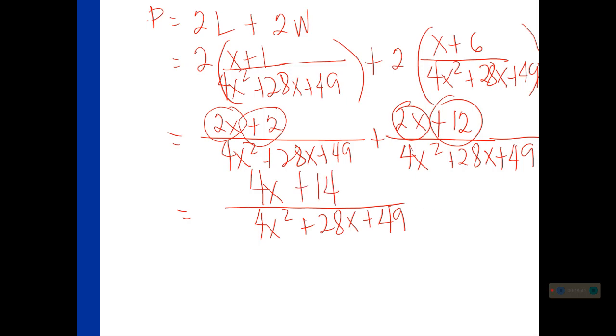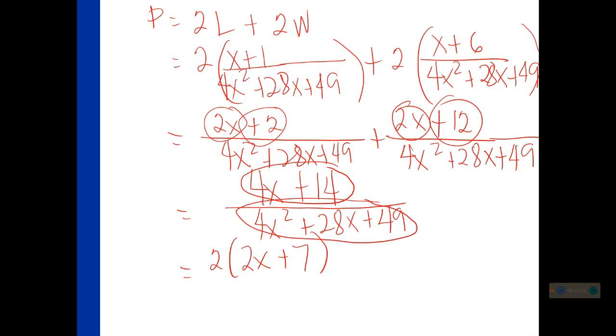And then, look if the given answers are still factorable. Yes. So, you can factor out our numerator here. The GCF here is 2. So, you will have 2 times 2x plus 7 over, look also at the denominator if it is factorable. Yes, it is factorable because it is under PST.